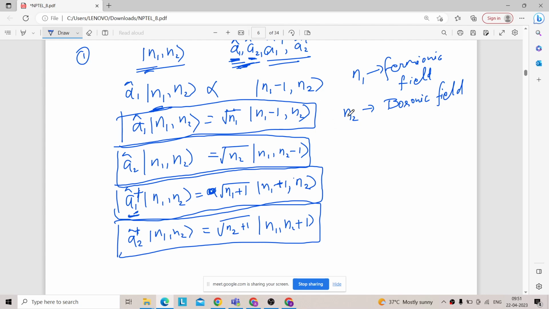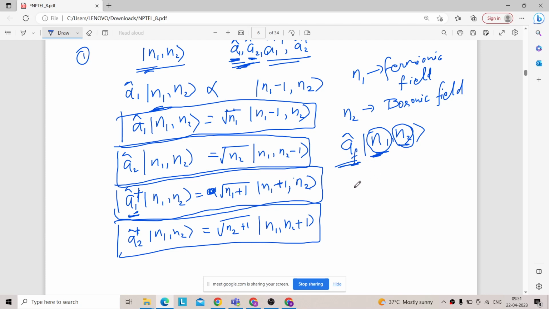So if an annihilation operator of a fermion operates on this state n1, n2, this annihilation operator can annihilate one fermion. So it will ultimately impact the number of fermions. It can't change the number of bosons in the system. Right. So this is just to make you understand.